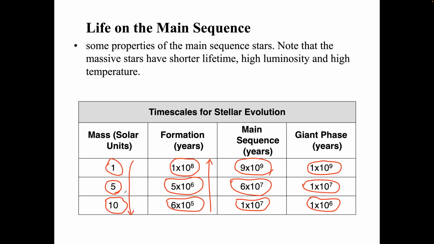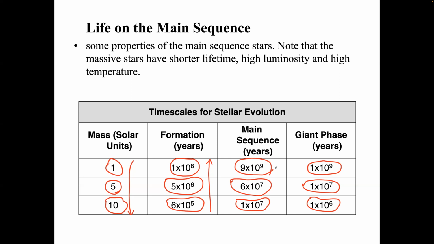So you can see that the larger the mass, the relatively smaller the time it takes to form. These numbers are very large. I mean, if you take the relative time, it's still smaller for larger stars.